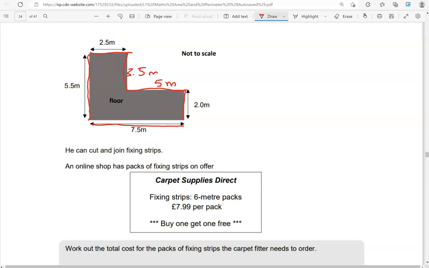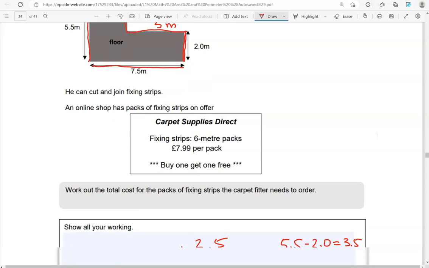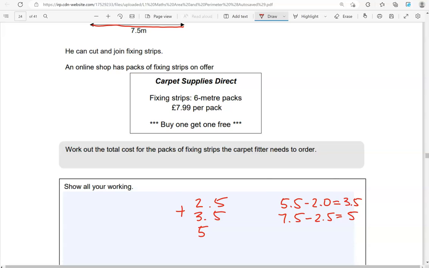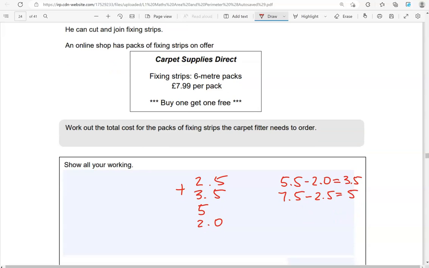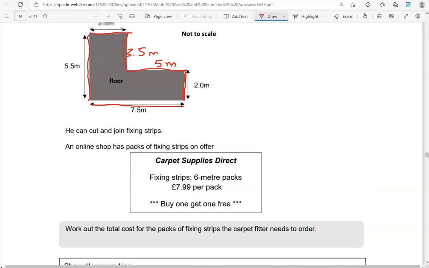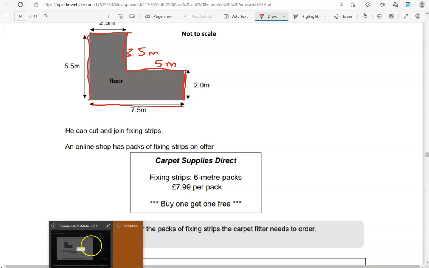Now we've got 2.0, 7.5, and finally 5.5.